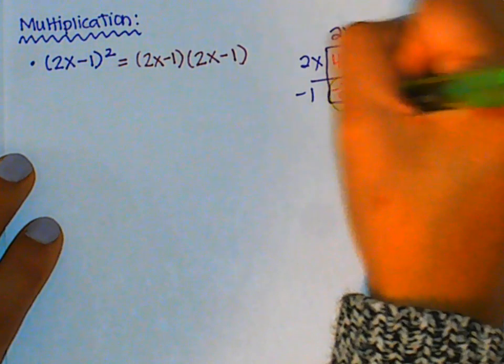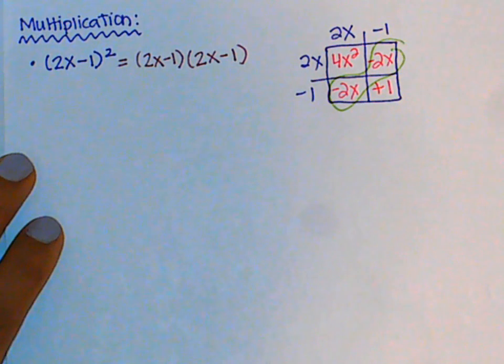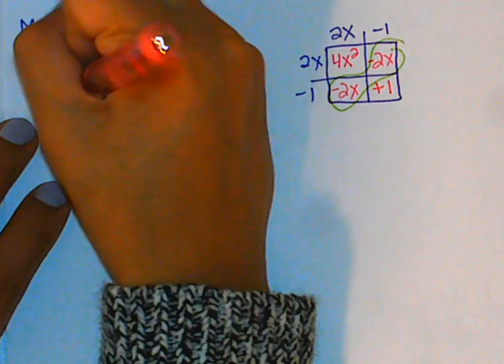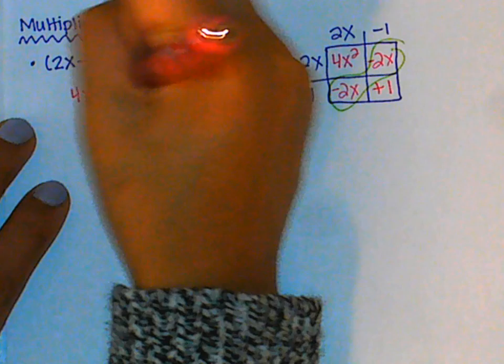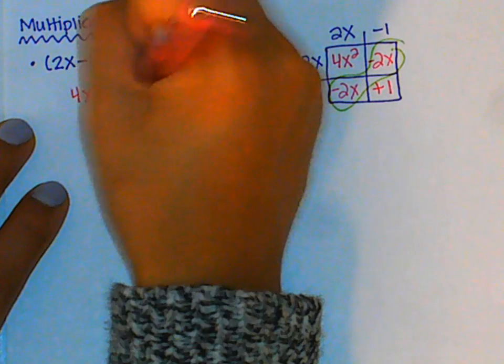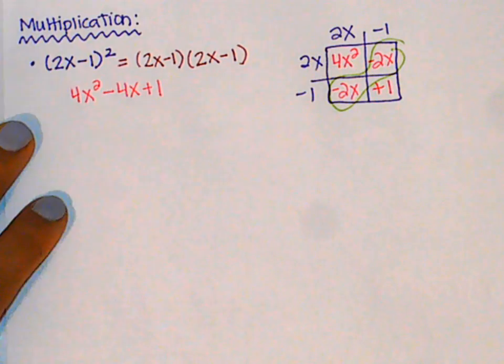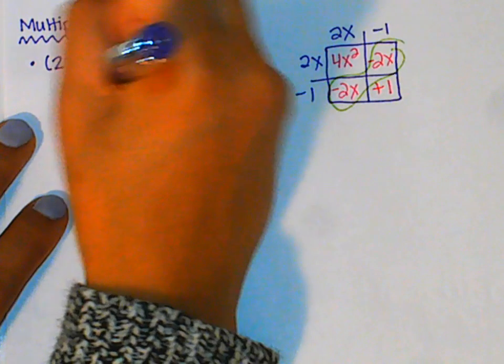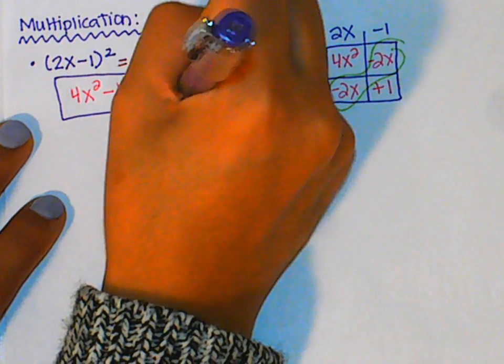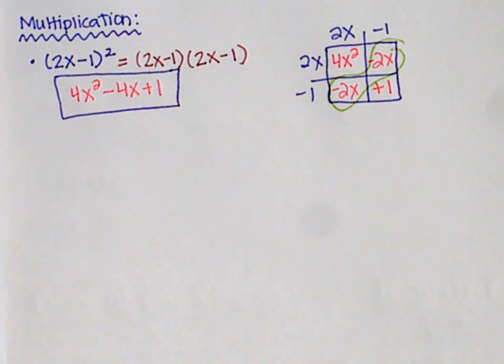Use my peanut. And my final answer is 4x squared minus 4x plus 1. So those two are really just a review of what we've been doing already.